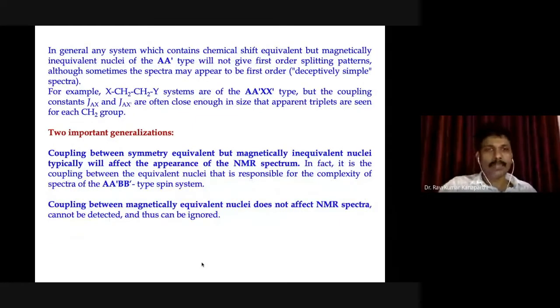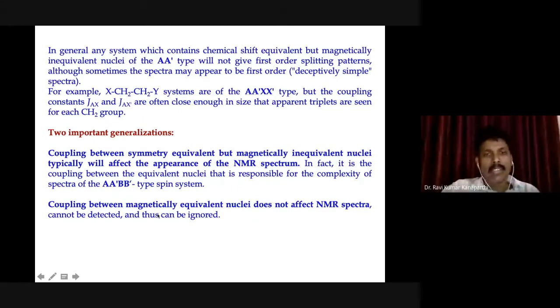Just remember these two points. First, coupling between symmetry equivalent but magnetically inequivalent nuclei typically will affect the appearance of the spectrum. In fact, it is the coupling between such nuclei that is responsible for the complexity of the spectra of any given spin system.